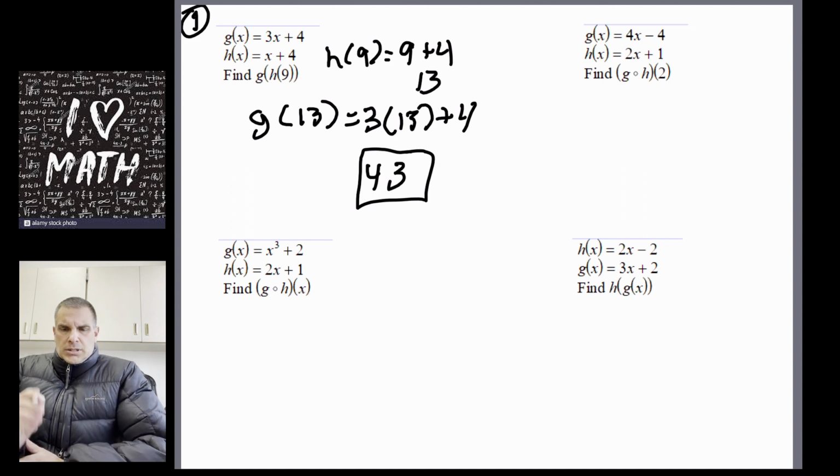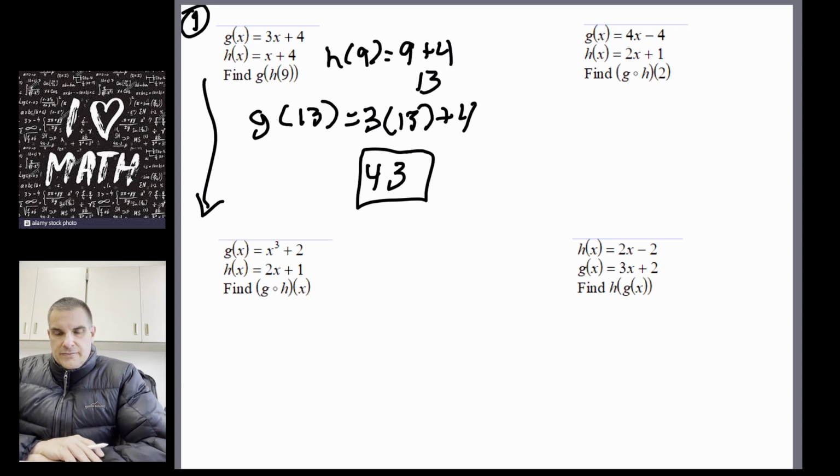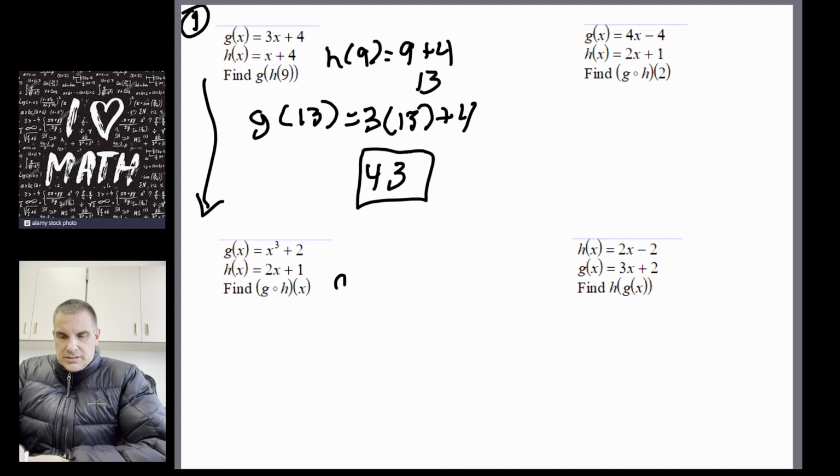We're going to go straight down and do this bottom one, and this will be the last one that we do. In this case, we have to form a rule. We're going to find g of h of x. Remember, when I do these, I like to rewrite it. So g of h of x. No numbers to evaluate, so we have to use substitution.